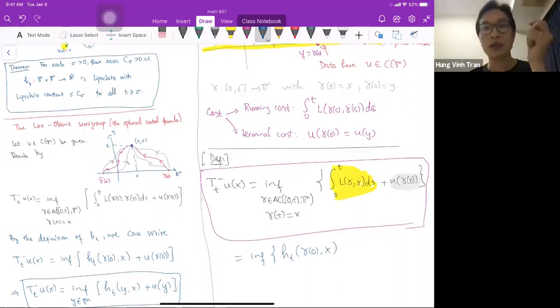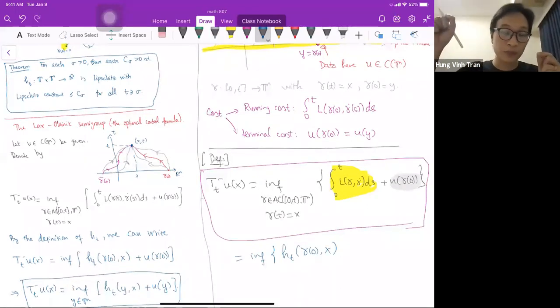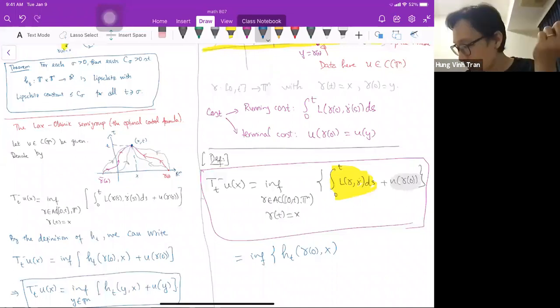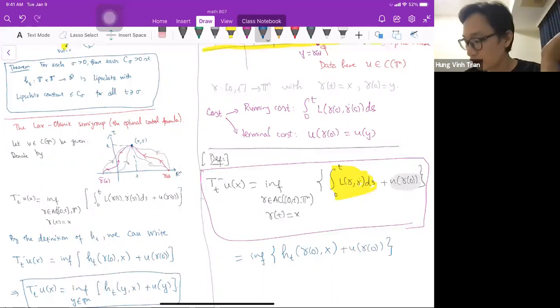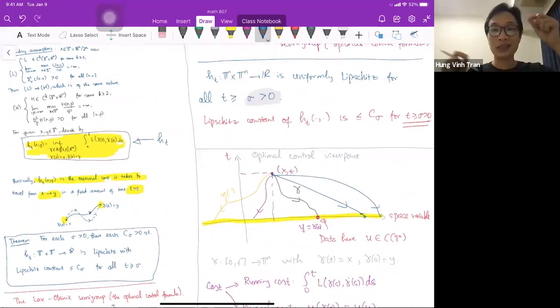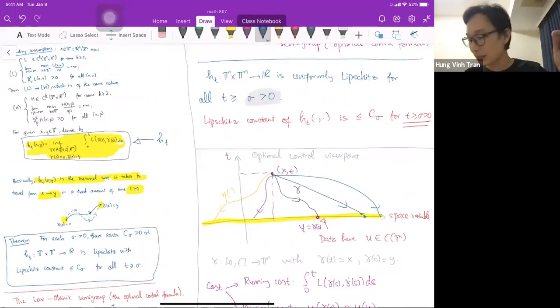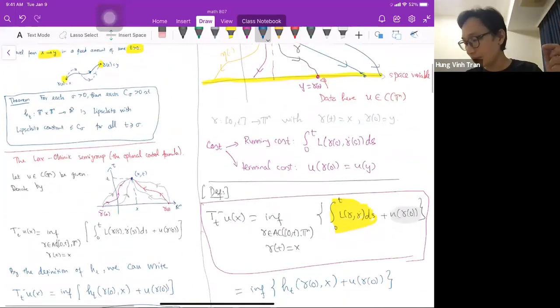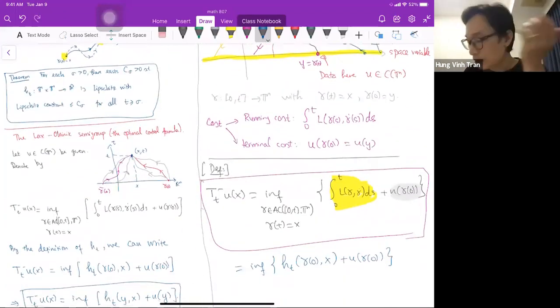Because this is the minimal cost connecting gamma 0 to x, right? And then plus u of gamma 0. That's readily available to us because that's exactly the function h t defined, right? You can recall this is where h t is defined. If you fix the two endpoints, that's exactly the minimal cost connecting them, right? And okay, so I have that equals to that.